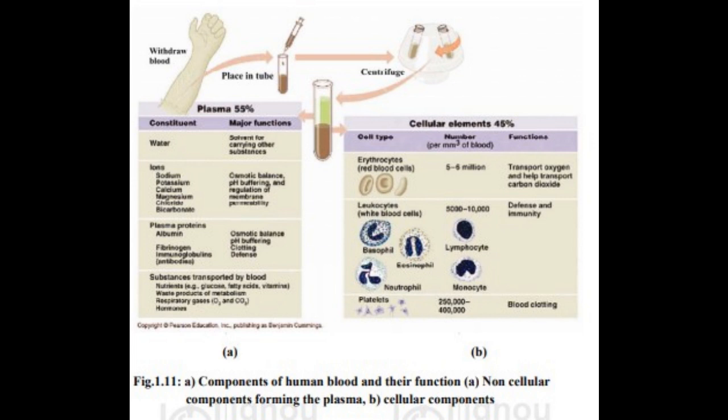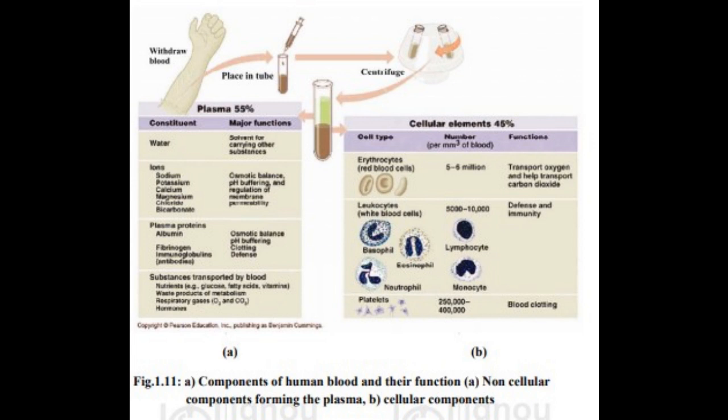2. Blood cells. The cells, Fig. 1.11b, present in the blood are white blood corpuscles. The white blood corpuscles are also called white blood cells or WBCs or leukocytes. These cells, unlike RBCs, are nucleated, have a nucleus, and do not carry the oxygen-carrying pigment hemoglobin.